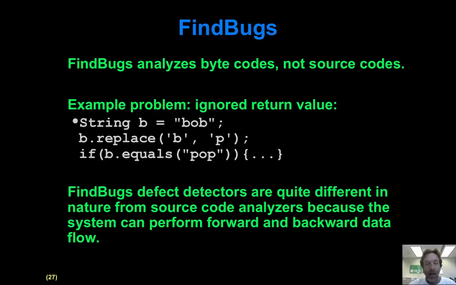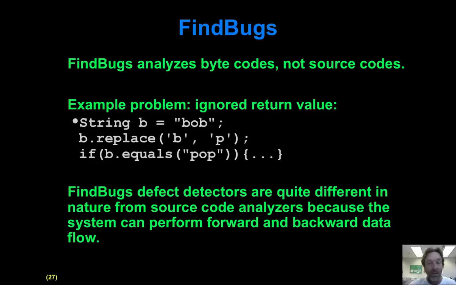So FindBugs can actually look at that line of code and go, wait a second, you've just done something which doesn't make any sense, because the replace method doesn't have any side effects, so there's no way in your program that you can benefit from the results of that computation.